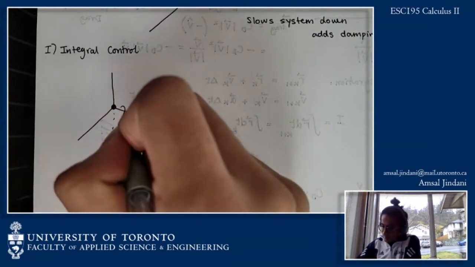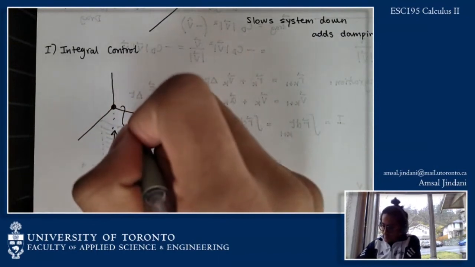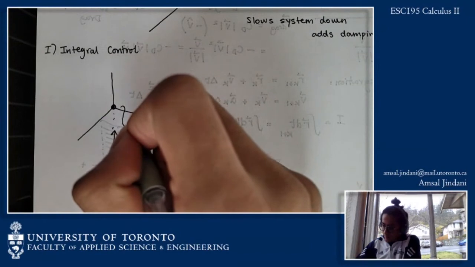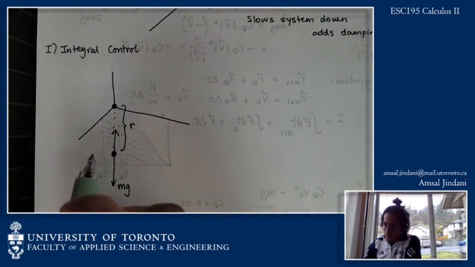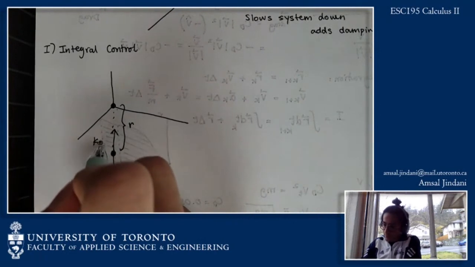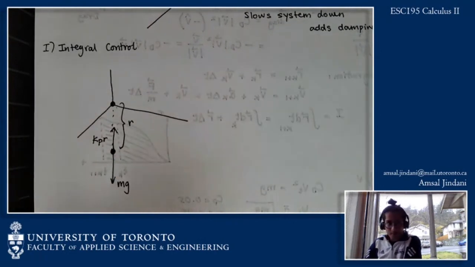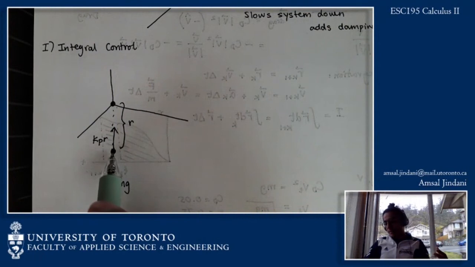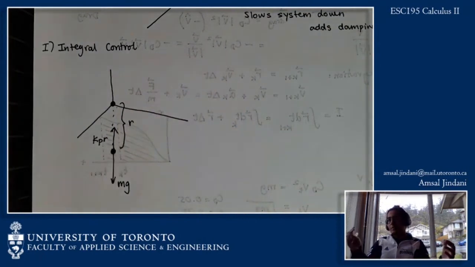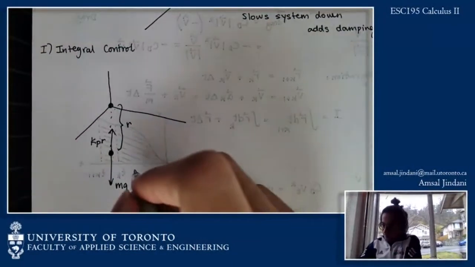If we call this distance between the origin and over here R, then this force is equal to Kp times R. And this is what's called a steady state error, because this is an equilibrium of the system that is not what you want it to be.